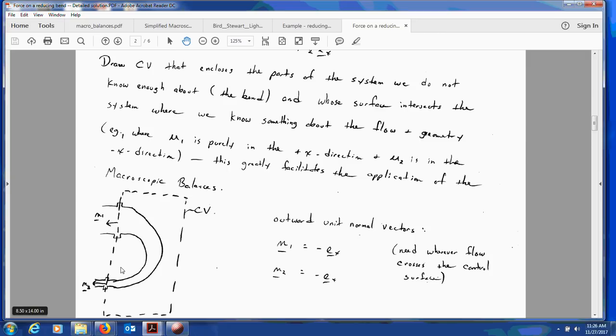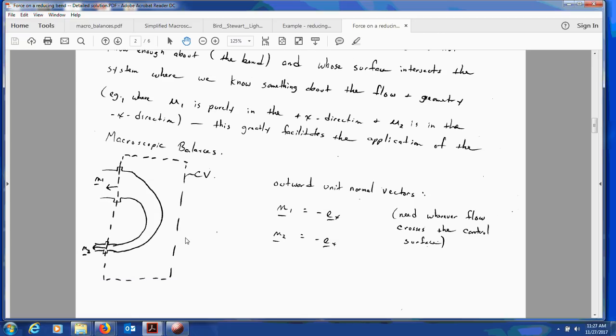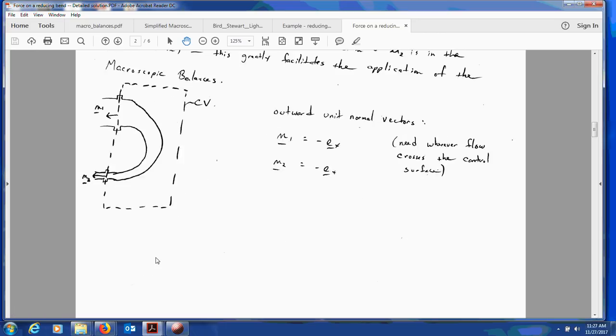We don't have to worry about the normal vector on the other sides of the control volume because there's no flow passing into or out of the system at those locations. And so we only need to worry about the normal unit vectors where there's flow or fluid entering or exiting the system. So the next step is to apply the integral mass balance to figure out what the velocity at position 2 is.